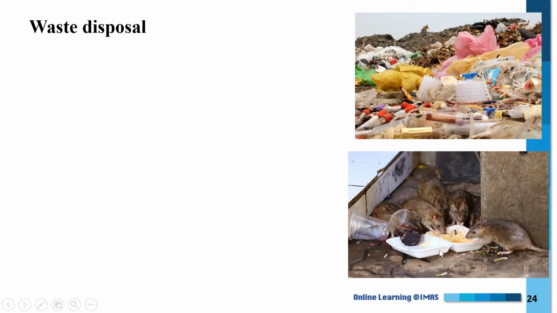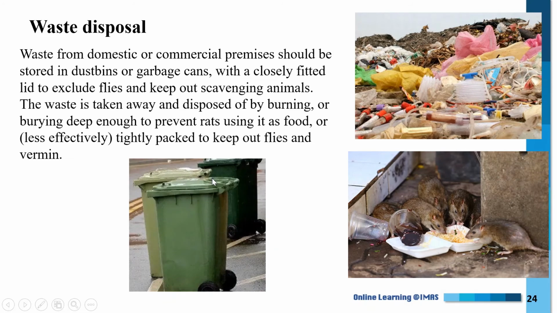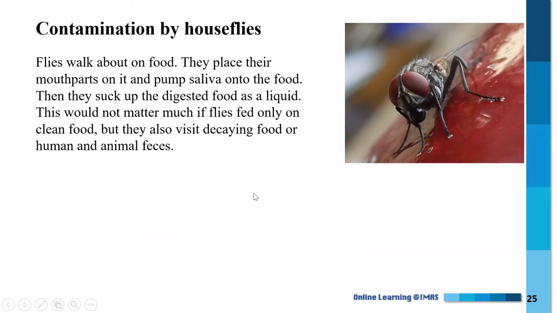All these animals will be attracted by this food, and it will be contaminated, of course. These animals will pass the germs to other people. So the food or any waste has to be thrown in dustbins properly with a lid, so the animals cannot reach it, or the flies, mosquitoes cannot reach it.